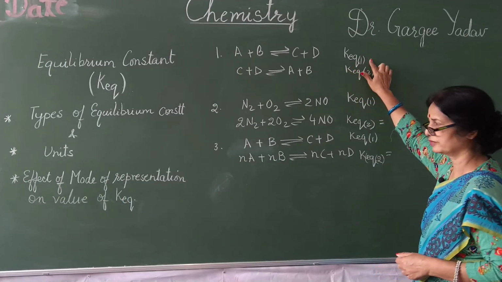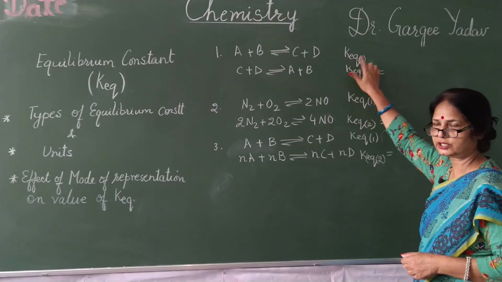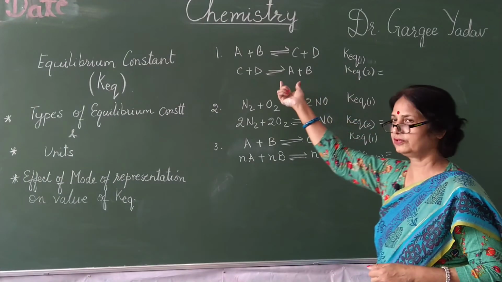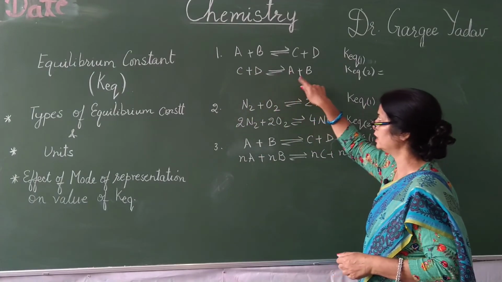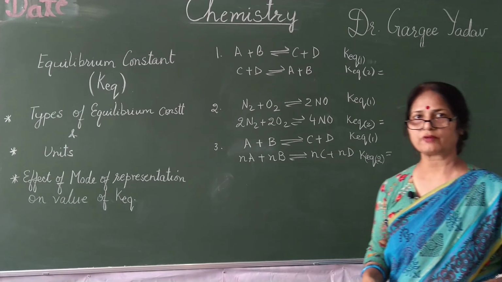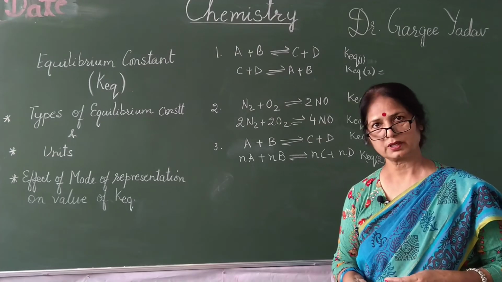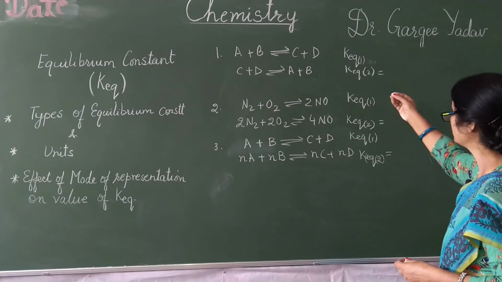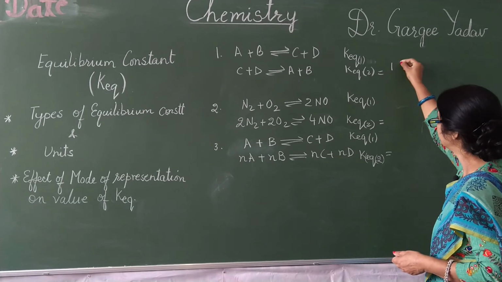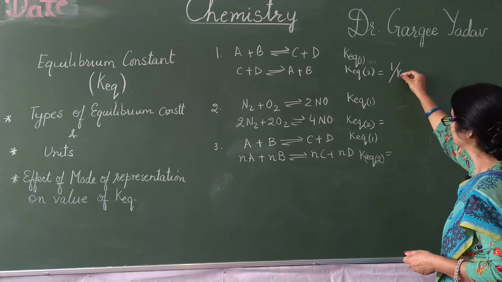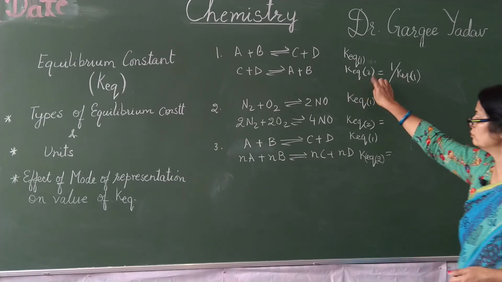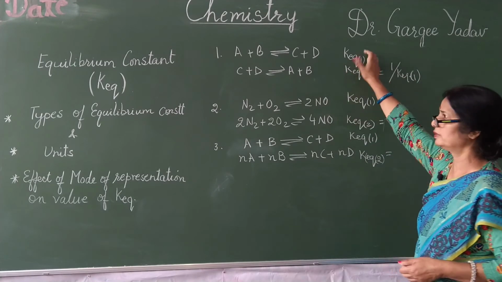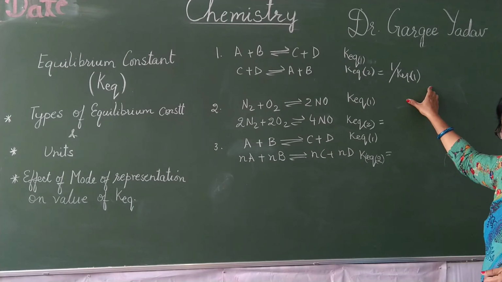Suppose the value of the equilibrium constant is K1, and suppose we reverse the reaction, so C plus D forms A plus B. Now the value of the equilibrium constant will be reversed. So the equilibrium constant K2 will be 1 upon K1.